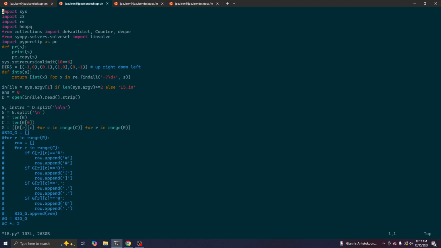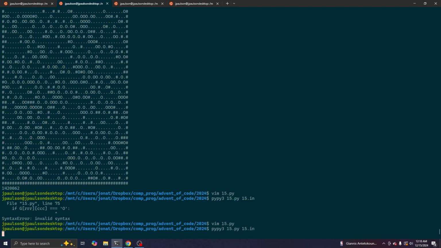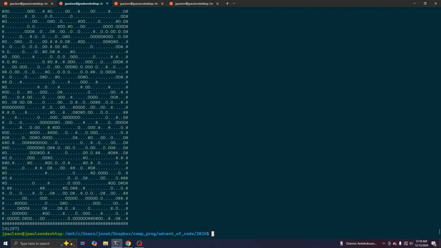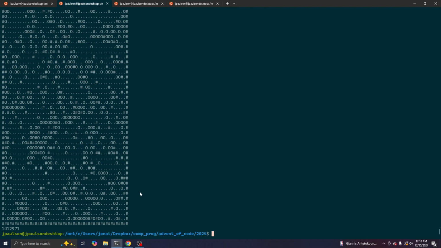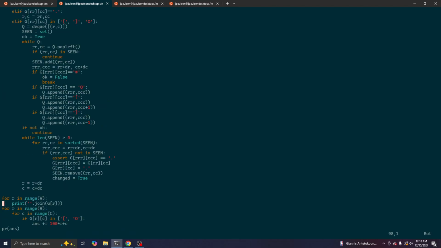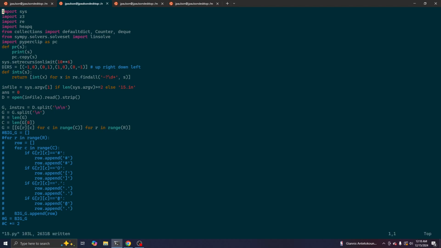Trying to modify my code to handle both parts. So I need to deal with the fact that in part 1 and 2, the boxes are different things. 1, 4, 1, 2, 9, 7, 1. Okay, cool. So this code does in fact sort of handle both parts now.